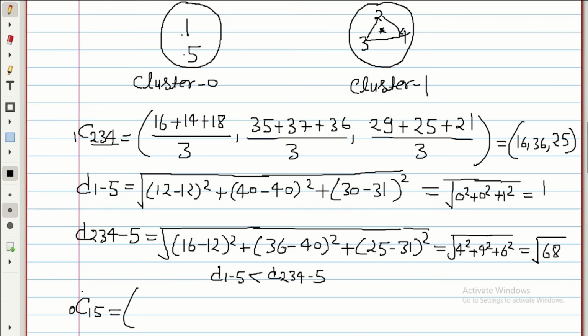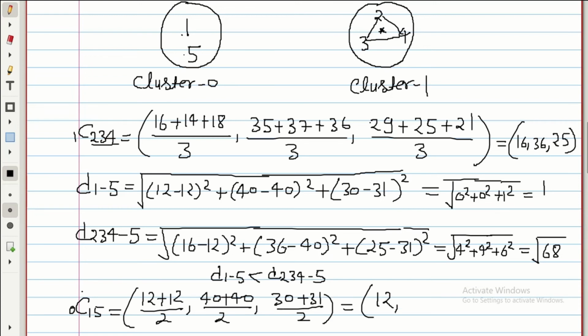So let us see that. We will calculate like (12 plus 12) upon 2, (40 plus 40) upon 2, comma, (30 plus 31) upon 2, and that would be equal to 12, comma 40 and 30.5. So that would be the centroid for cluster number 0.